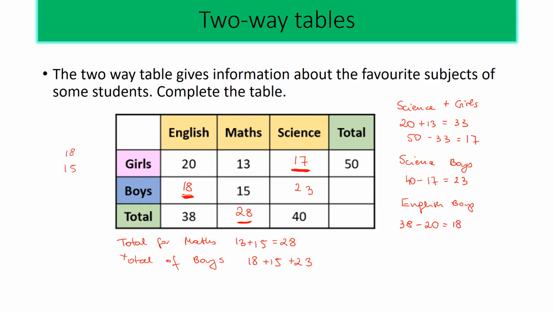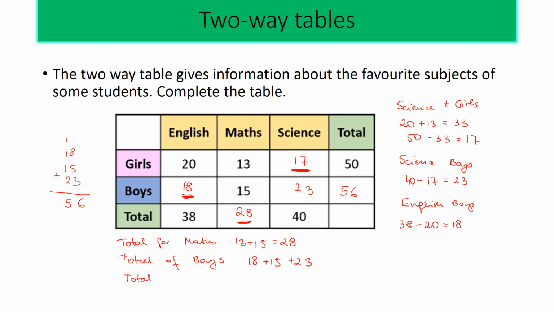So 8 plus 5, that is 13, plus 3, that is 16, carry the 1, and then we have 1 plus 1 plus 1 plus 2, that is 5. So the total is 56.